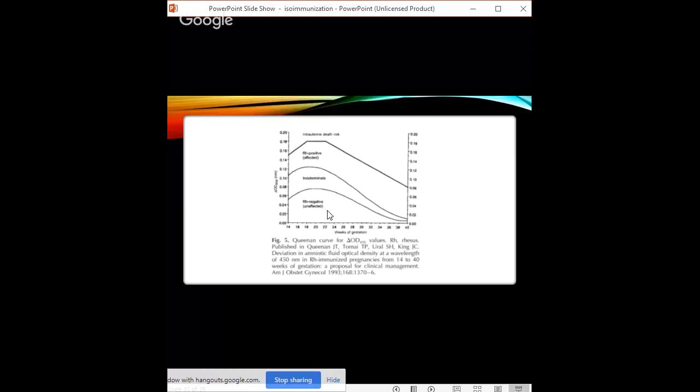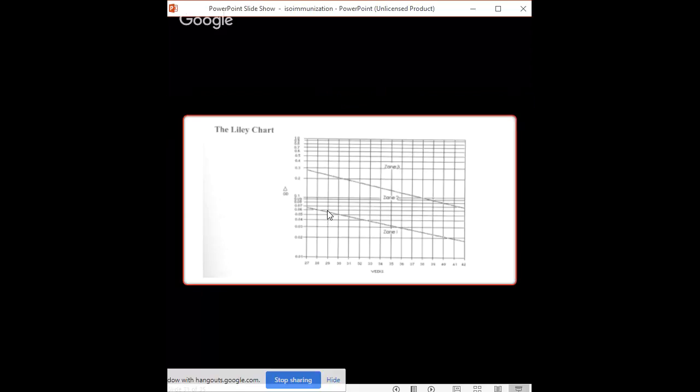And then your other chart is the Lilly's chart. So in the Lilly's chart, you have 3 zones. Zone 1 indicates a rhesus negative or mildly affected fetus, so that the pregnancy may continue until 38 weeks gestation.